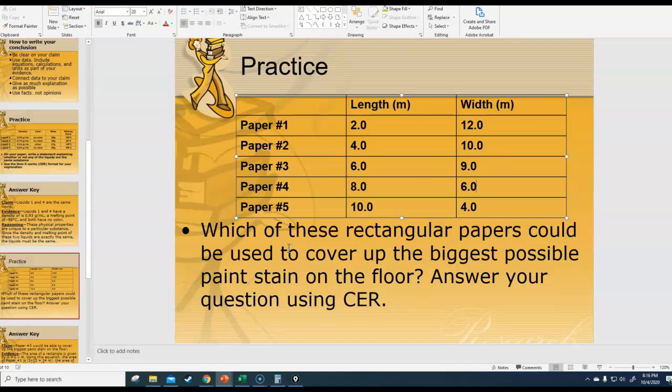Okay, so this is one of those situations where you actually need to do the evidence piece before you can answer the claim, because in order to answer this question, you need to know which piece of paper has the biggest area. And so you actually have to do the calculation for each piece of paper. Once you calculate the area, which the area of a rectangle is just length times width.